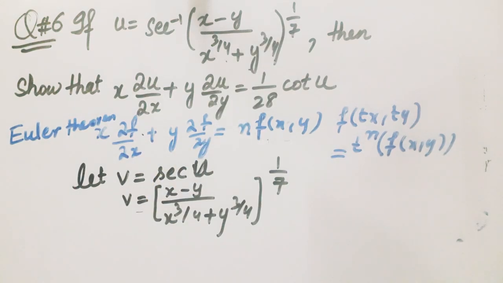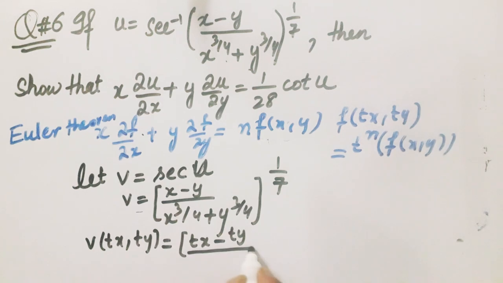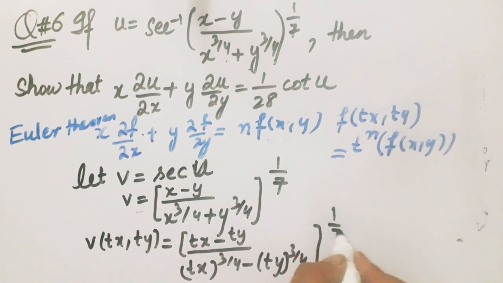Now in the next step we have to find whether v is homogeneous or not. For this purpose, replace x by tx and y by ty. So v of tx and ty will be equal to, with x becoming tx and y becoming ty, (tx) whole power is 3 by 4 and (ty) whole power is 3 by 4, and 1 by 7.